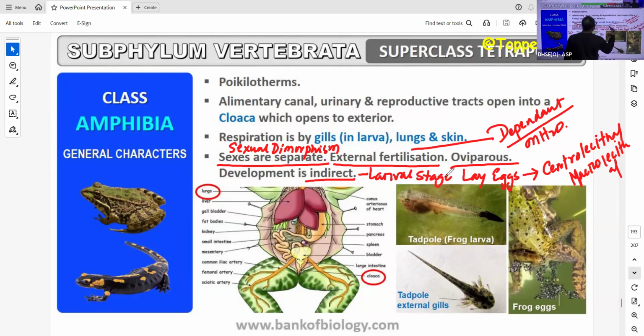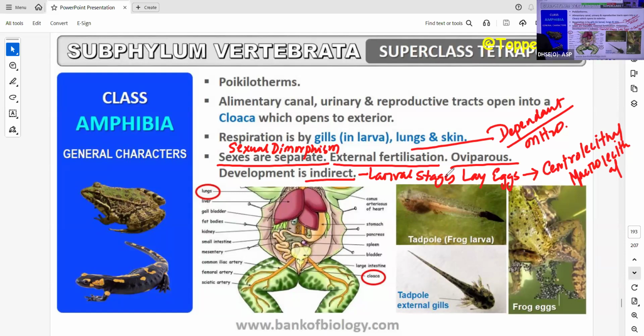Here you can see the tadpole, a larva of a frog. Similarly, salamanders and newts have their larval forms, like the axolotl. We'll discuss that.